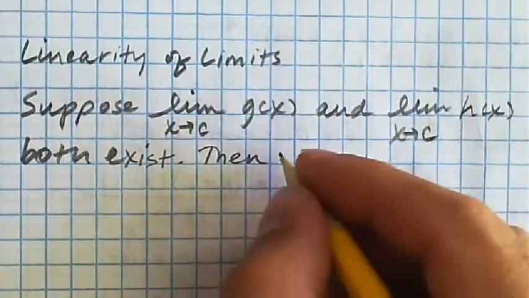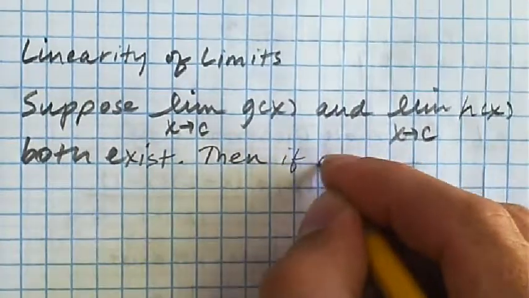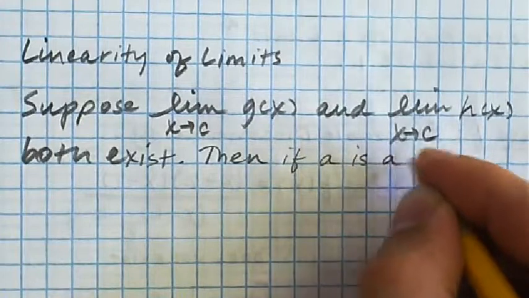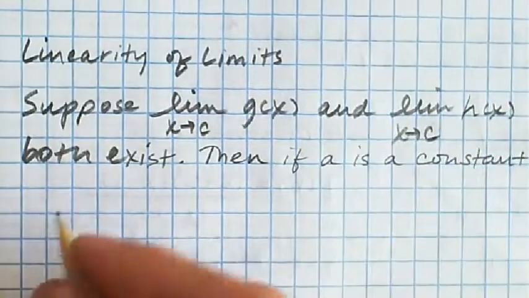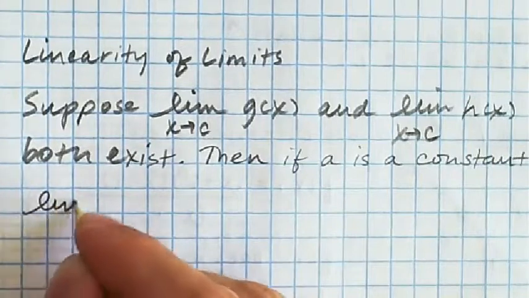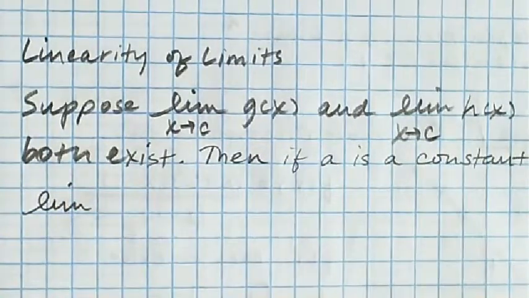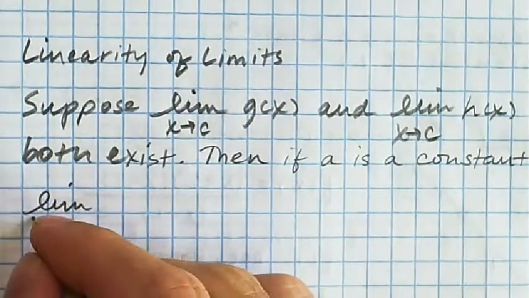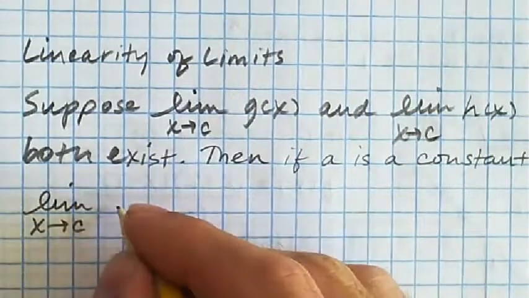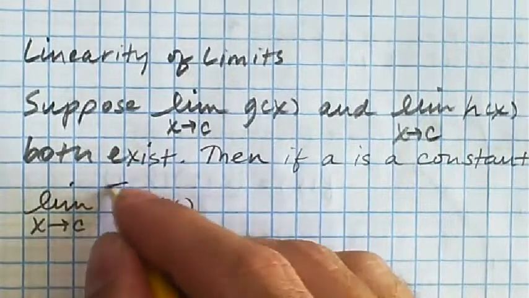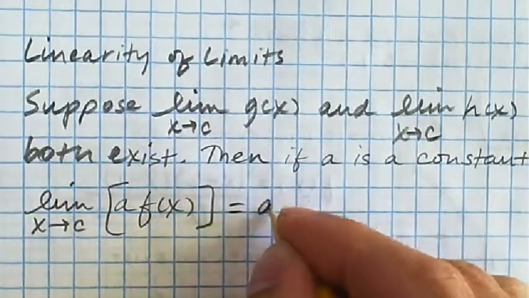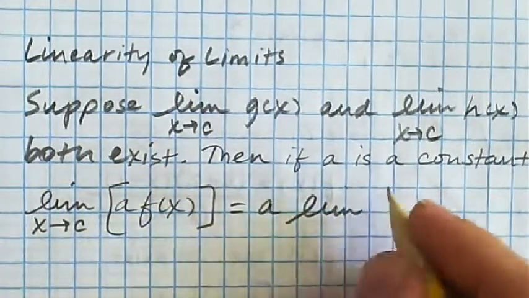Then if a is some constant, the limit as x approaches c of a times g of x is equal to a times the limit of g of x.